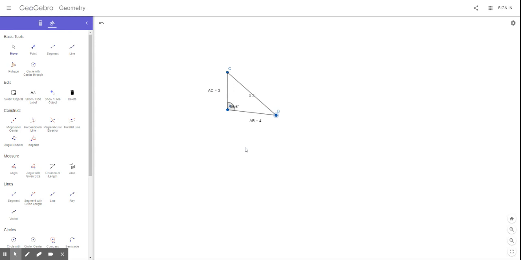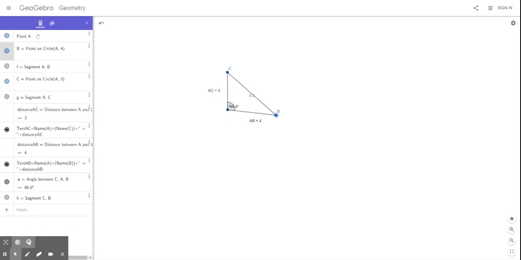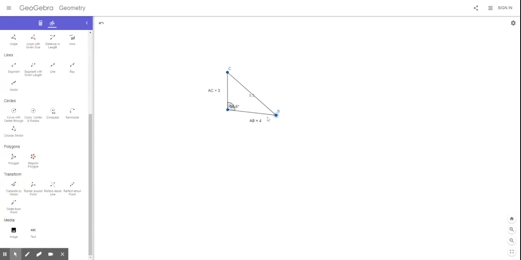We have 3 and 4. 3 squared plus 4 squared is still equal to 25. But now the hypotenuse is 5.3.